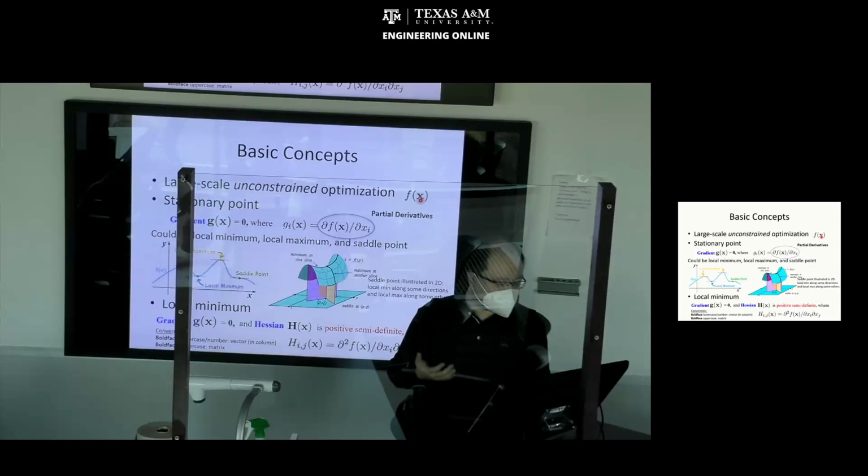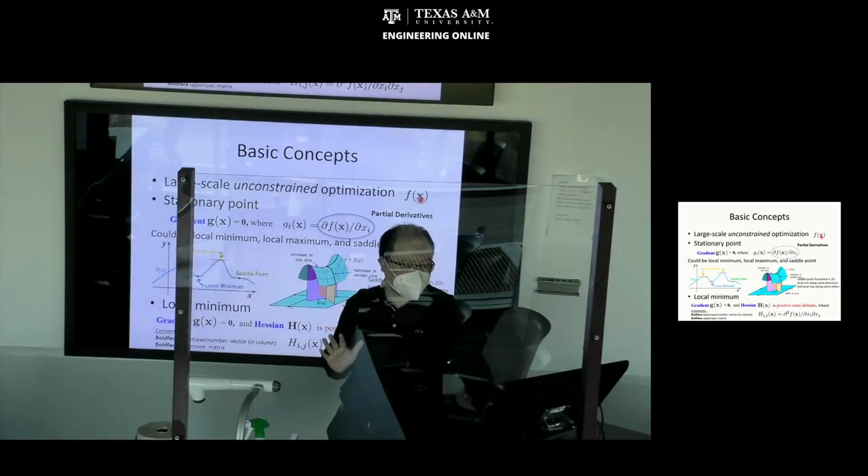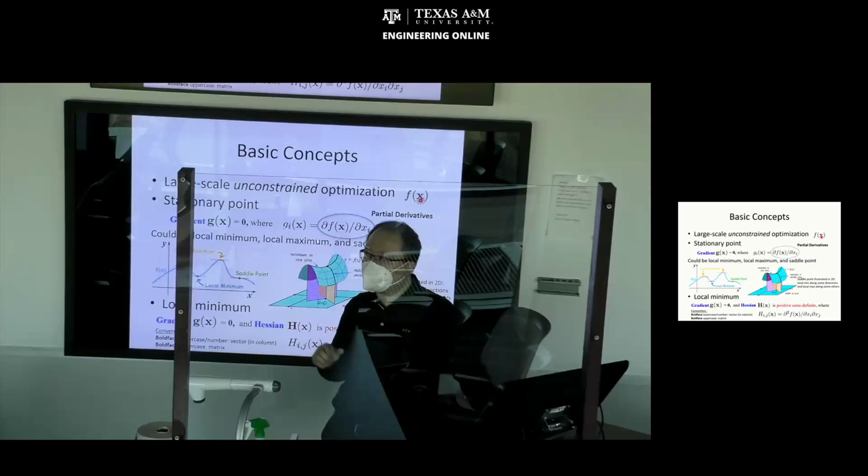If you haven't, please look into the numerical optimization book and look at the Lagrangians, in the chapter on constrained optimization. So we focus on unconstrained optimization for the moment. And we are also talking about large-scale unconstrained optimization for the moment, where X is very high dimensional. Later on, we'll talk about when X is even higher dimensional, for instance, the parameters of an over-parameterized deep learning model.